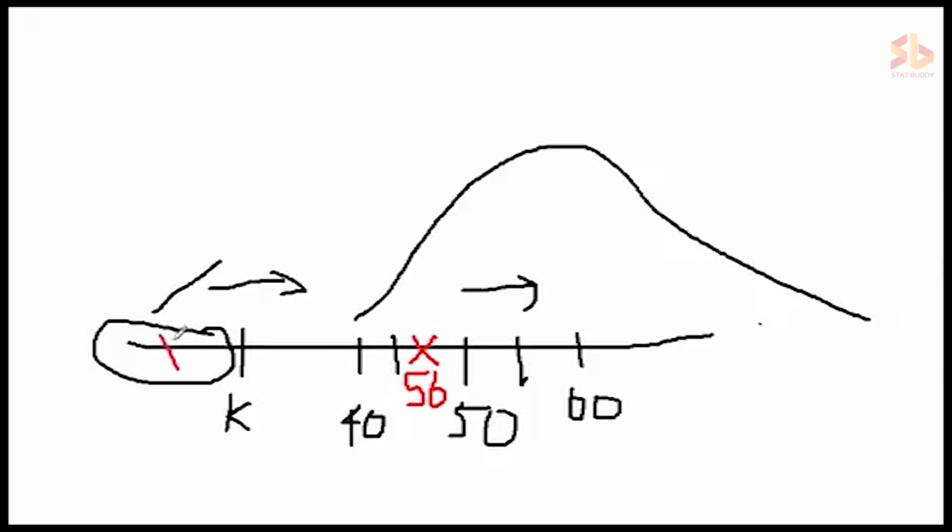But if we take a sample and it gives a value like 25, now it is a value less than or equal to this k, which means this is the value of the test statistic or the critical value, and it is less than this one.